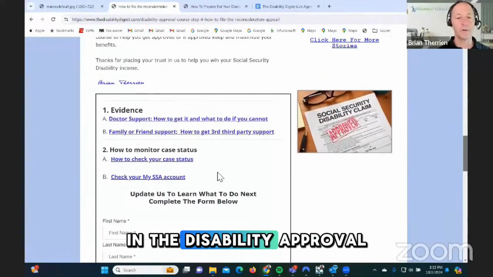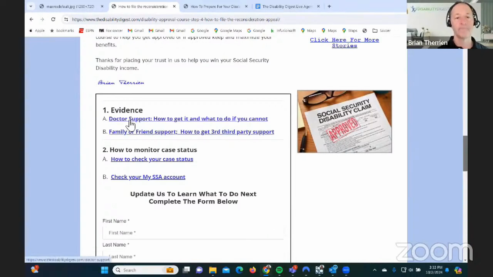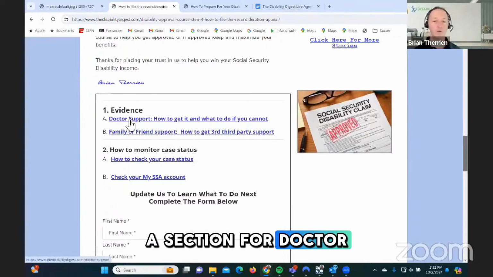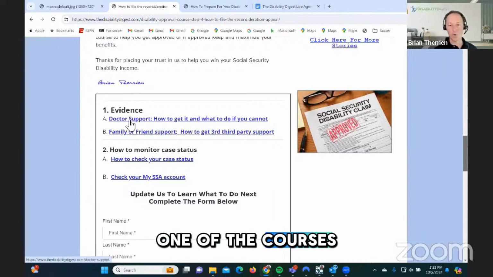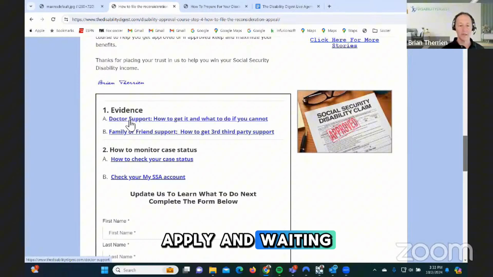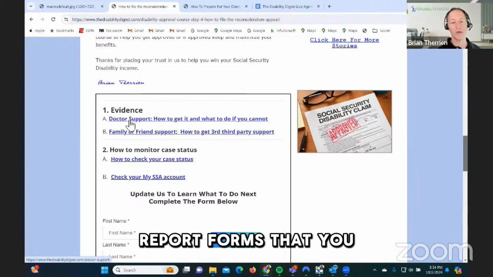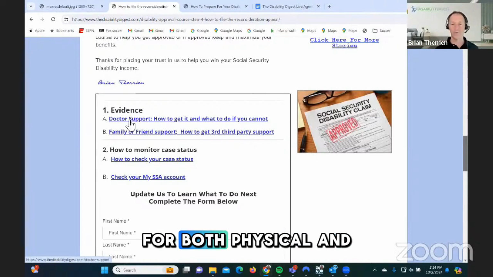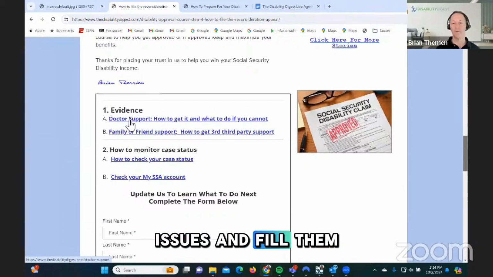In the disability approval course, there is a section for doctor support. This is in every one of the courses that shows you how to apply and win. And these are residual functional capacity report forms that you bring to your doctor for both physical and brain health, mental issues, and fill them out.